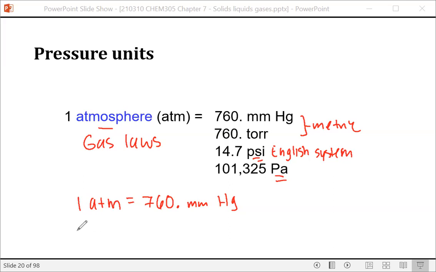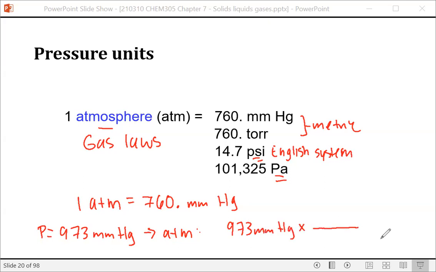So let's say we were told that the pressure of a gas was 973 millimeters Hg, and we wanted to convert that to atmospheres. We'd go 973 millimeters Hg, times our conversion factor, and we want to use this conversion factor so that millimeters of mercury cancels out and we're left with atmospheres.